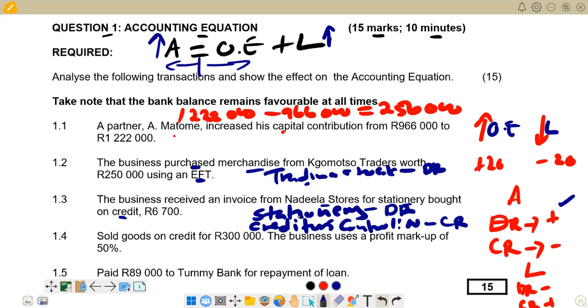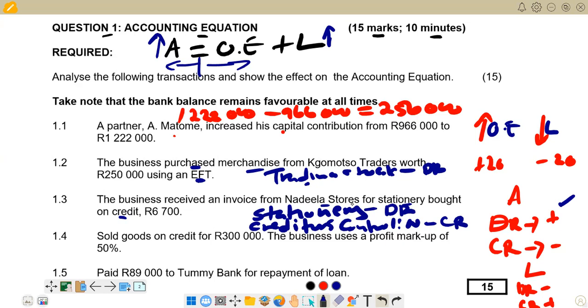So on the effect now on our accounting equation, you are going to see that stationery as an expense here is going to be charged in the income statement under operating expenses, and it's going to reduce the figure for net profit. And we know that net profit, we then carry it to the statement of financial position or balance sheet, and if it's a net profit, it increases the owner's equity balance or the capital balance.